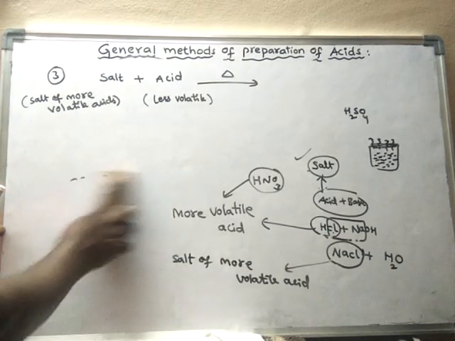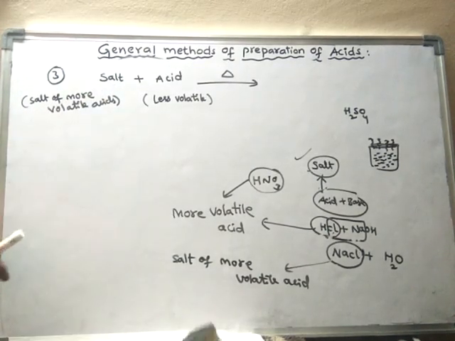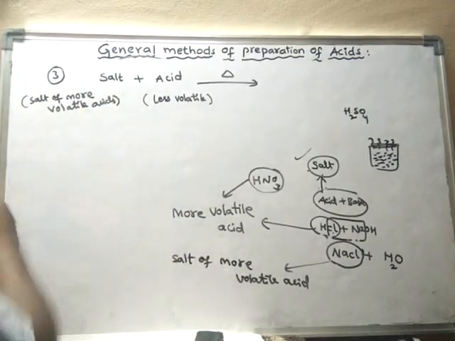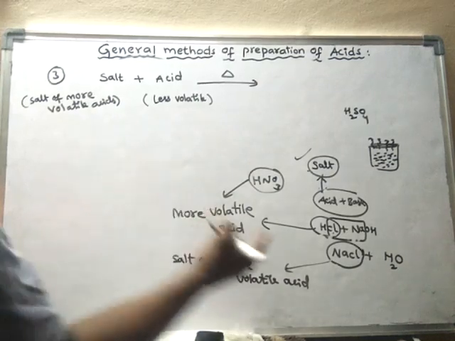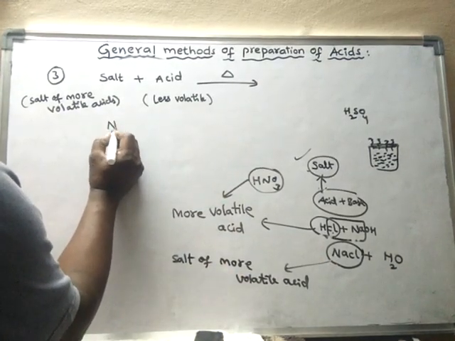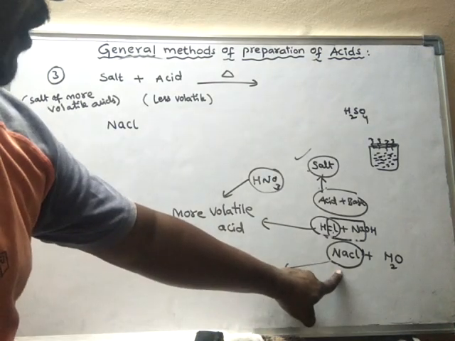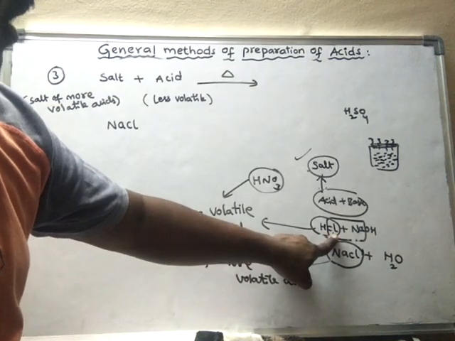So when this salt is made to react with a less volatile acid, I will take the example of NaCl. NaCl is the salt of a more volatile acid. This salt is obtained from which acid? HCl.